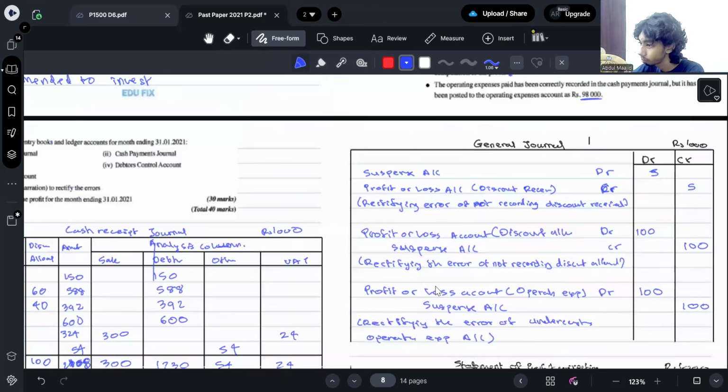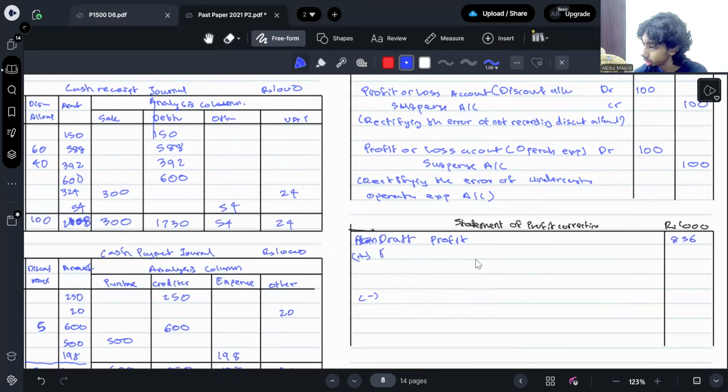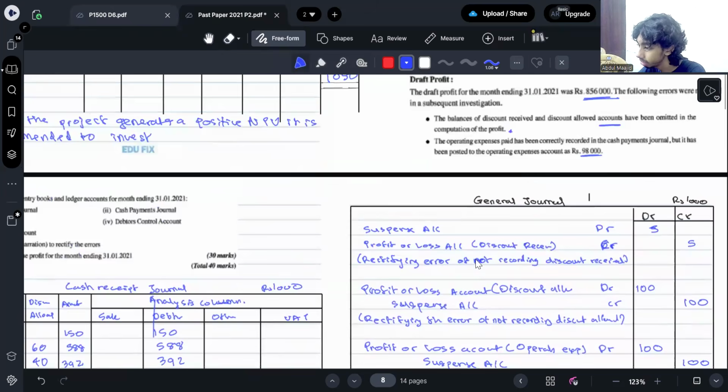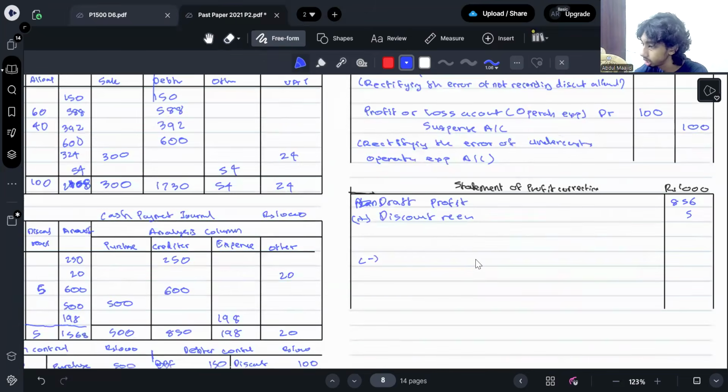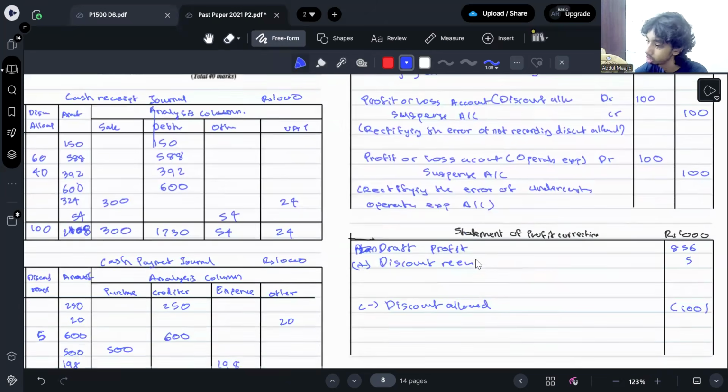So then here, discount received credit. You have to add it. Plus discount received 5,000 minus profit or loss discount allowed debit. You have to deduct. Discount allowed, deduct 100 and operating expense debit.